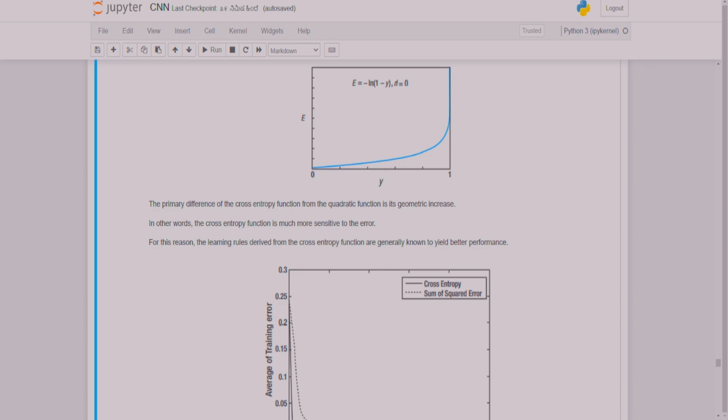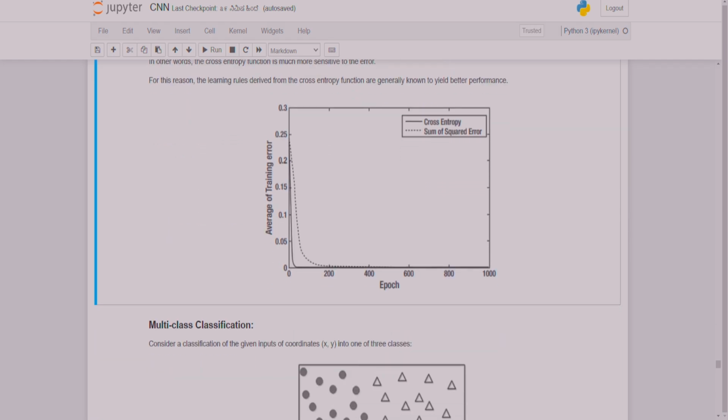Okay, so let's have a quick look at the comparison. This is the result we got when we ran a particular code with two cases: one implemented the cross entropy, the second one implemented the sum of the squared error. For a fixed number of epochs, say maybe 50, we can see that the cross entropy has reached the minimum much before that, whereas around 50 we still have the sum of the squared error, still existing somewhere here.